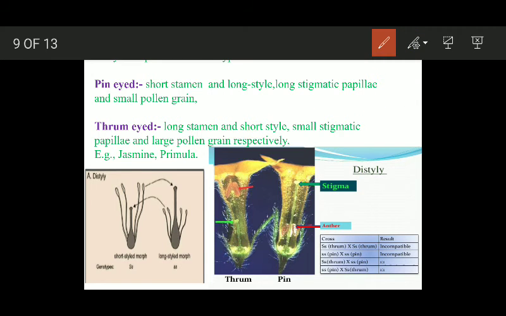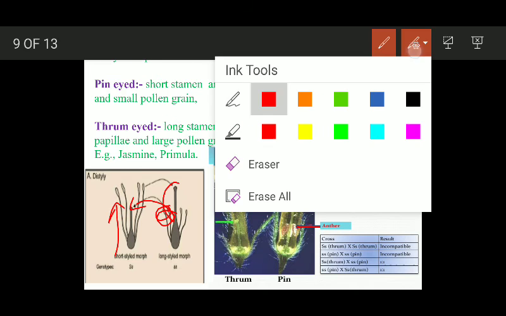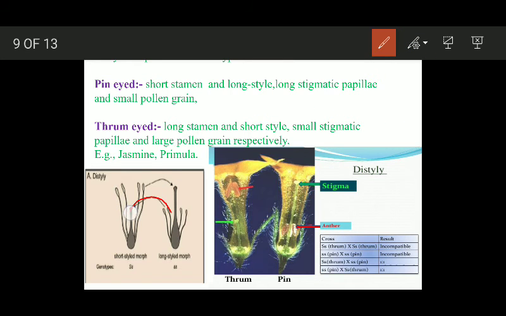Now, this is very important. Here you can see the pollen grains produced in the anthers of the pin flower. They can land on its own stigma, and they can also land on the stigma of the thrum flower. The chances of effective pollination, that the pollen grains will germinate, are very high in this case compared to when they land on their own stigma.